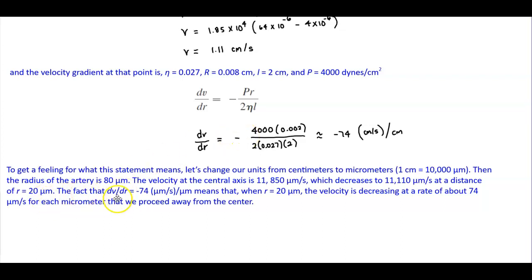The derivative we found, negative 74 micrometers per second per micrometer, means that when r is equal to 20 micrometers, the velocity is decreasing at a rate of about 74 micrometers per second for each micrometer that we proceed away from the center.